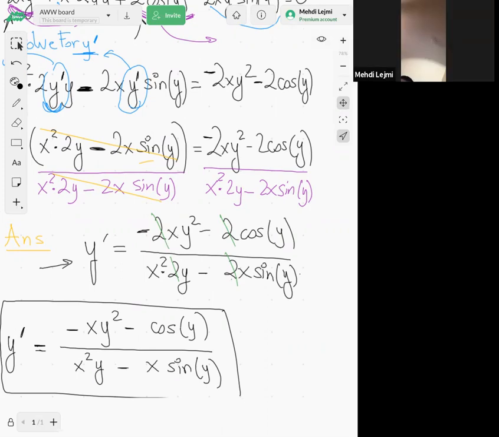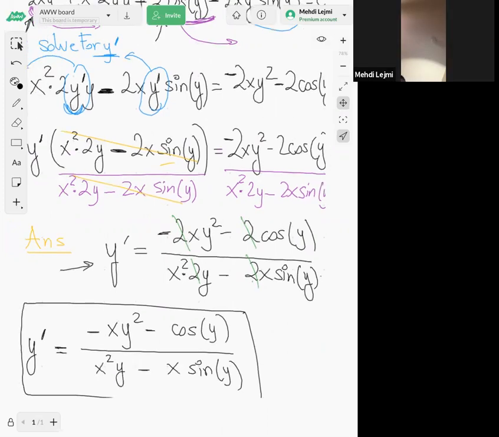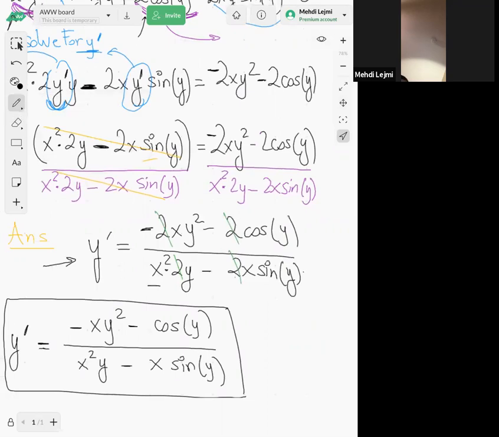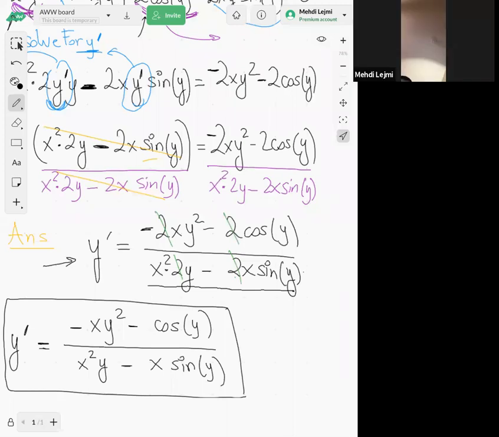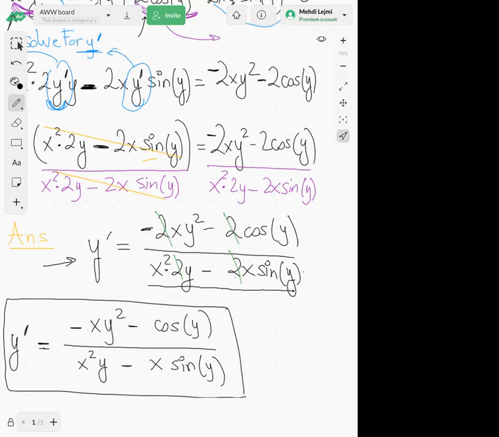That's exactly what I have here: x squared 2y minus 2x sine y, right? I got all of that, except you have x squared 2y and I have a 2 in front of it: 2x squared and then a y.